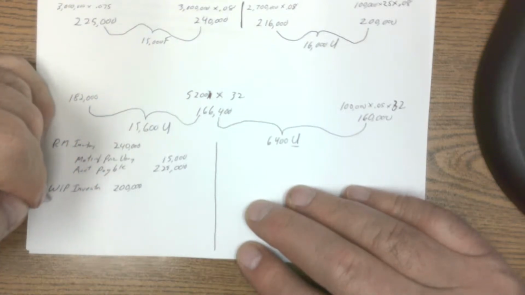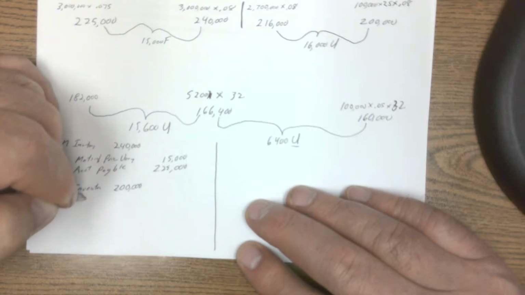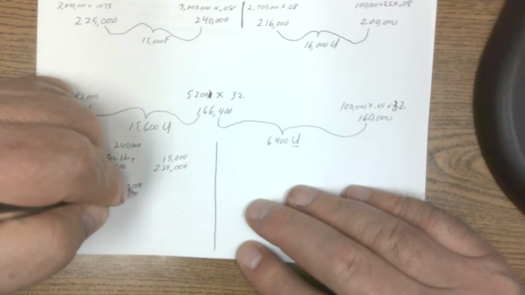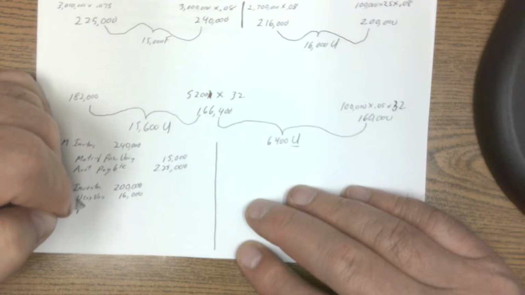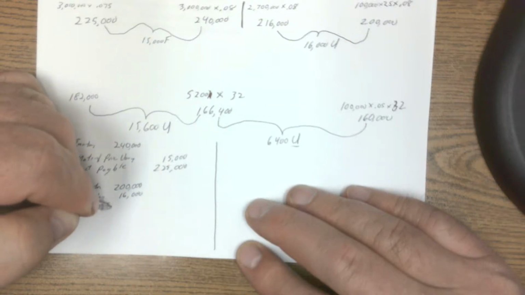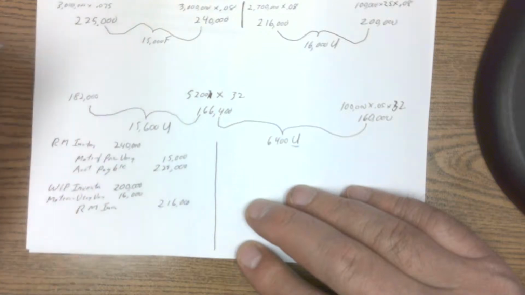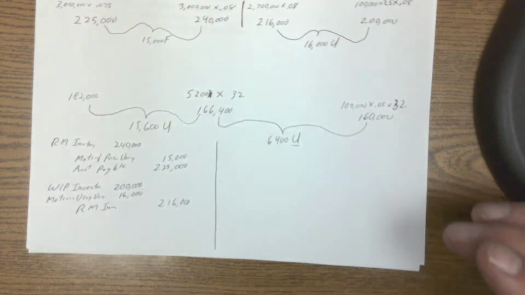We're going to have the materials usage variance of 16,000, and then we're going to have raw materials inventory for 216,000. So that takes care of the raw materials.